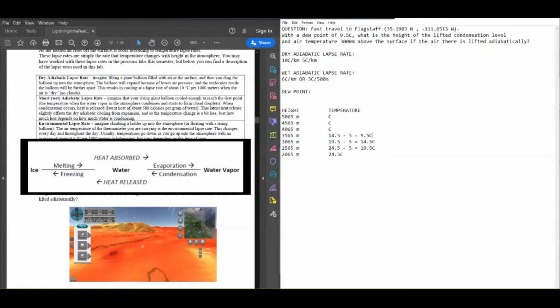Because now we have condensation occurring, this is our lifted condensation level. This is the height that clouds can start to form in our air parcel. Since we've got clouds forming, instead of cooling at the dry adiabatic lapse rate, we continue to cool at the wet adiabatic lapse rate. So 9.5 minus 3 is equal to 6.5, and then we keep on going up.